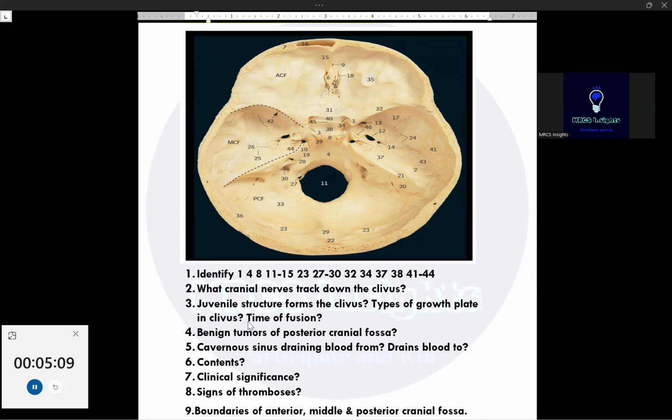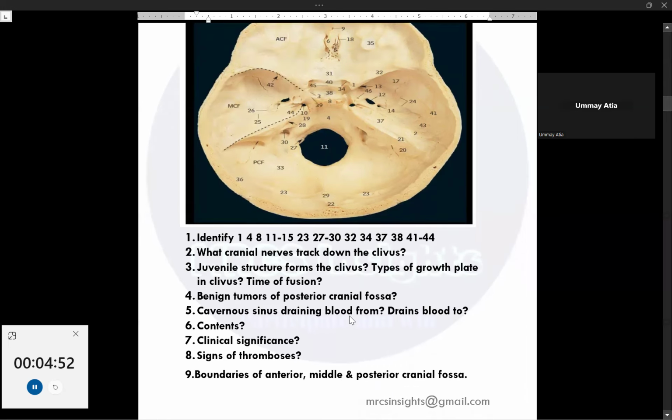Now tell me about the time of fusion of this clivus. It initiates in males at 14 to 15 years and in females at 12 to 13 years, and is completed at the age of 17 to 18 years. Excellent. Now tell me some names of benign tumors in the posterior cranial fossa.